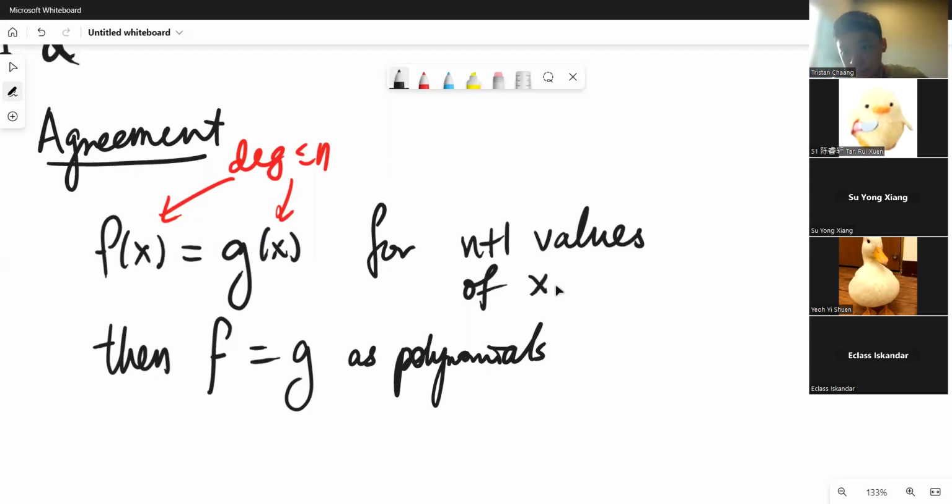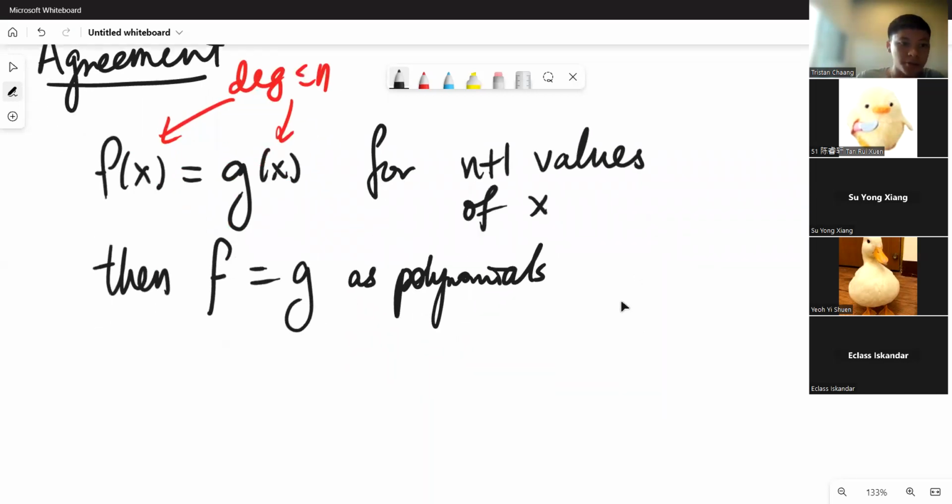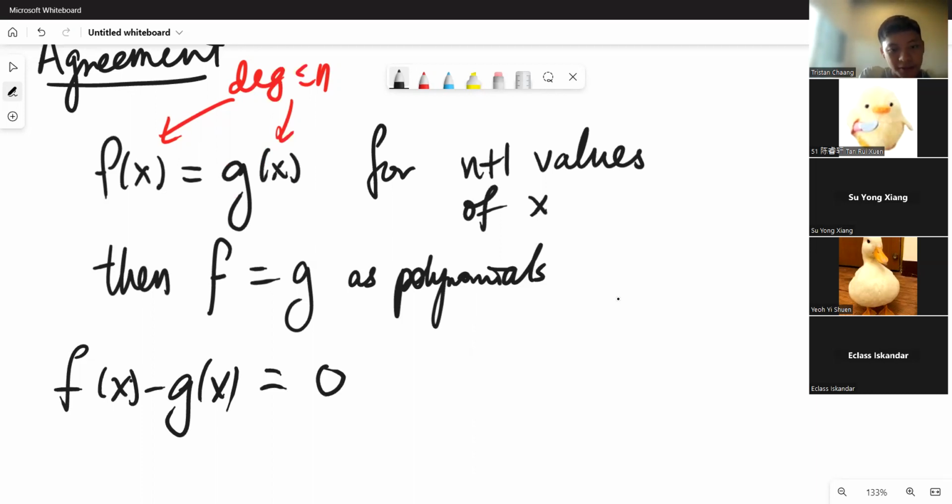Roots, define hx equals f minus g. Yes, exactly. So if we look at the polynomial fx minus gx, which is a polynomial, by the way, if you look at the definitions, this thing is 0 for n plus 1 values of x. That means it has n plus 1 roots, or at least n plus 1 roots.